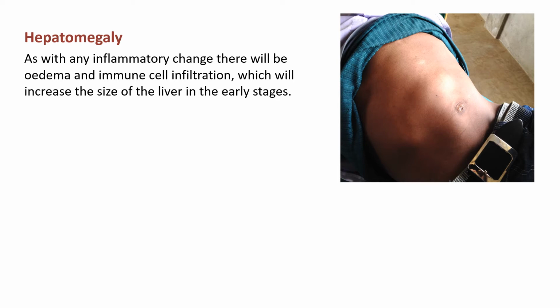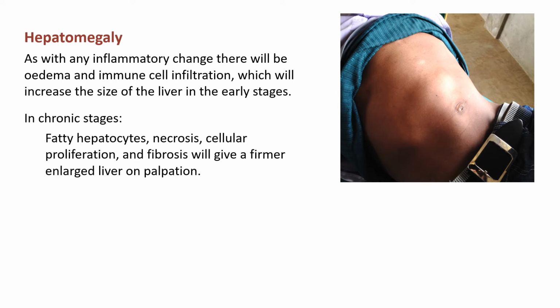Hepatomegaly. Of course, as we've said, if you've got steatohepatitis, there's inflammation. And in any inflammation, you remember your cardinal signs, there will be edema, there will be immune cell infiltration, there will be exudation. All of this will increase the size of the liver in the early stages, at the steatohepatitis stage.